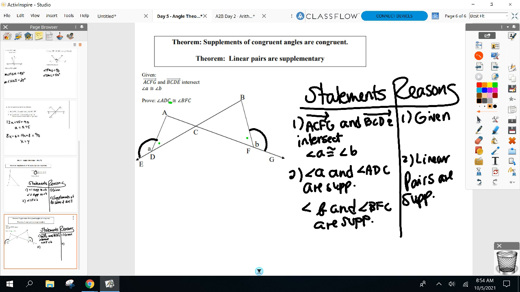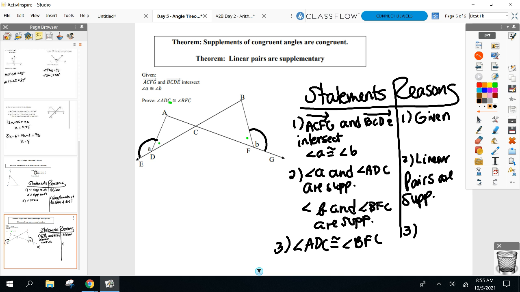The definition of supplementary is two angles that add to 180. You're kind of restating what you did in the statements already. The reason they're supplementary is because they're linear pairs. So we have to make sure you tell me they're supplementary. Now you can tell me the angles are equal. ADC congruent to BFC. You need to tell me the angles are supplementary first.